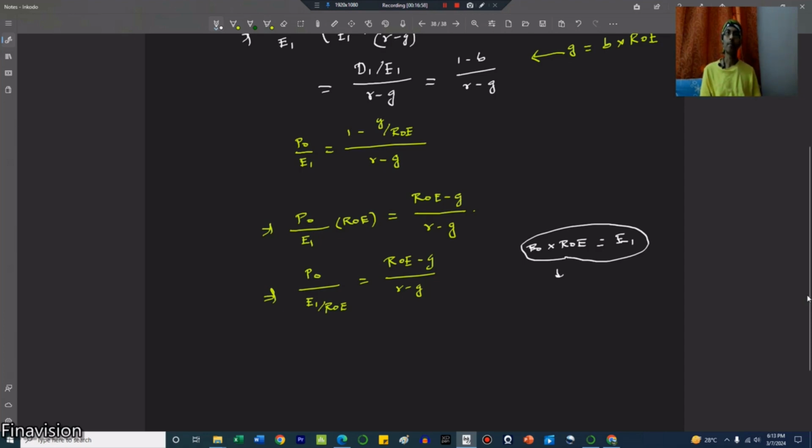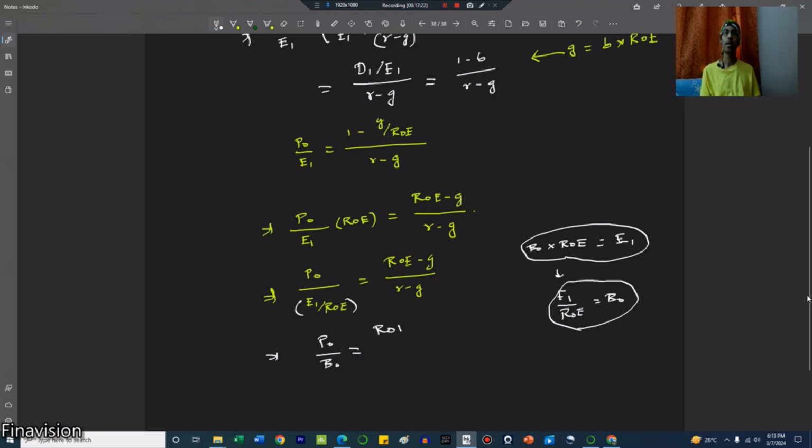This implies E1 by ROE is equal to B0. So we can simply write P0 by B0, because E1 by ROE is nothing but B0. So we just replace this value with B0.